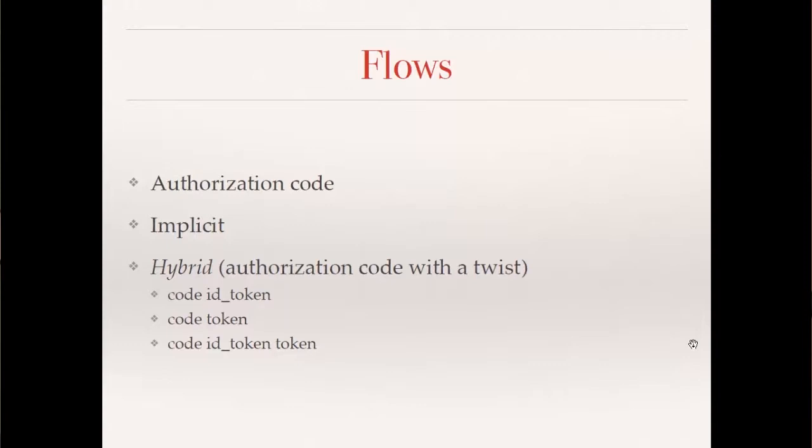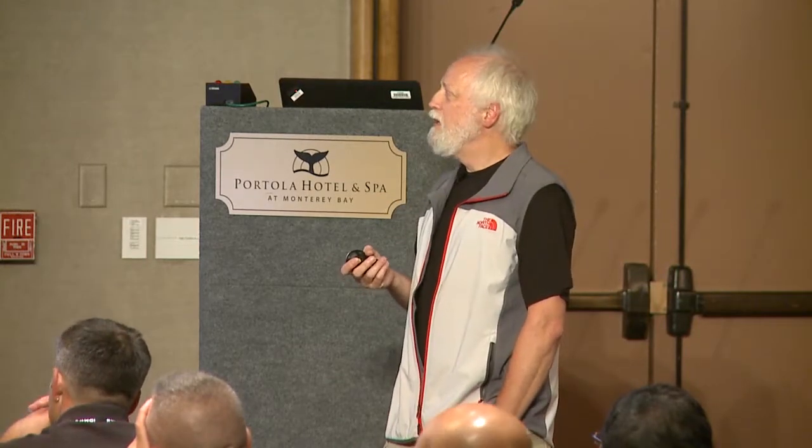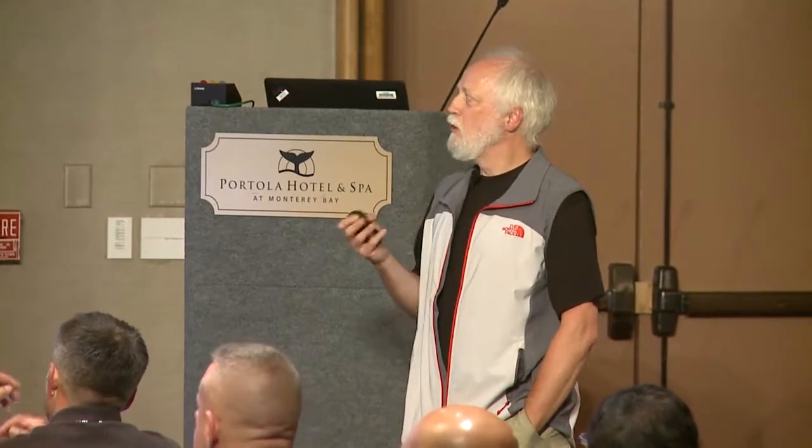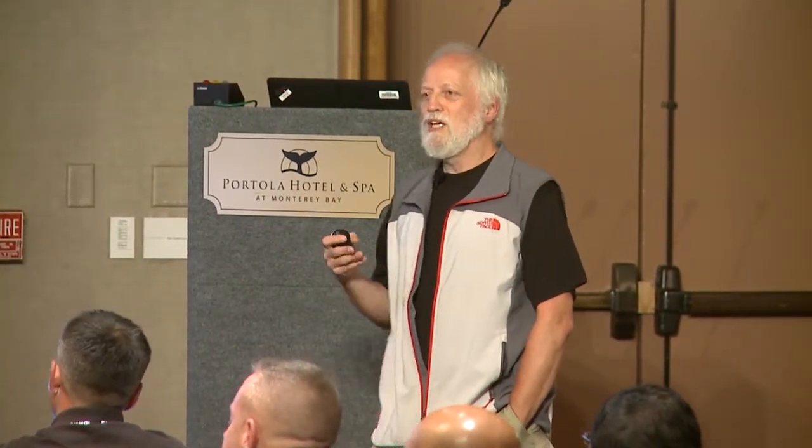Code token, then you get both the code and the access token as a reply from the authorization request. And the third one of the hybrid is then the code ID token. So you get the code, you get the token, and you get the ID token. You get everything immediately.